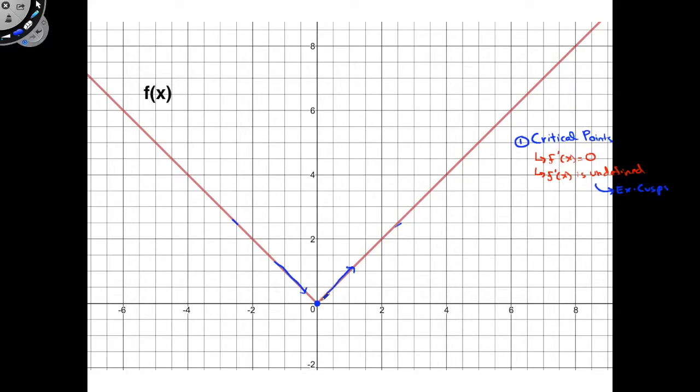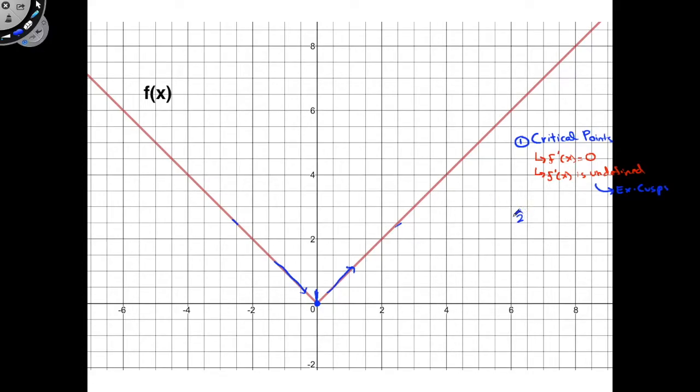Immediately to the right of that cusp, you'd have a slope of positive 1, or whatever that slope is. Immediately to the left, you'd have a slope of negative 1. That's important, so that's our critical value, and we can set our standard there.